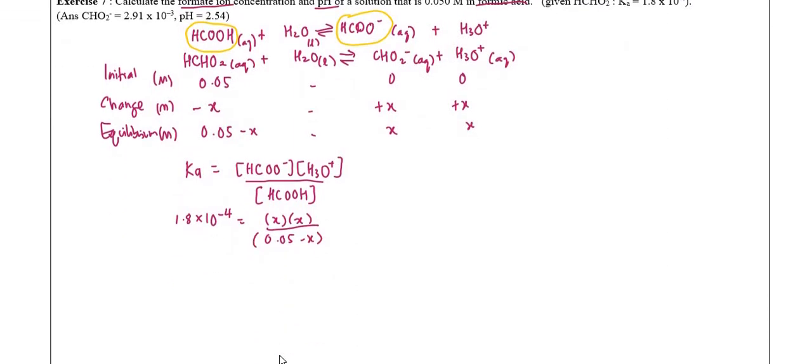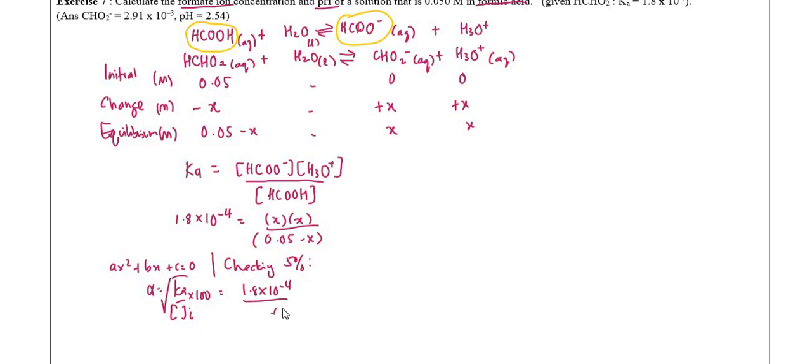As usual, before you expand to AX squared plus BX plus C equals 0, you must check the 5%. A equals the square root of Ka over initial, times 100: the square root of 1.8 exponent negative 4 over 0.05, times 100, and you will get 6%. This value is greater than 5%. So what should you do next?